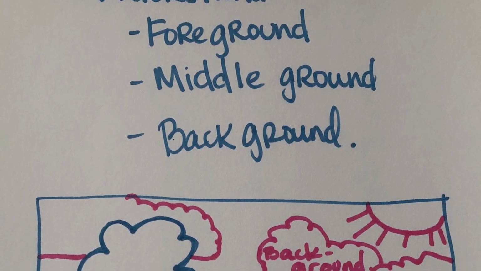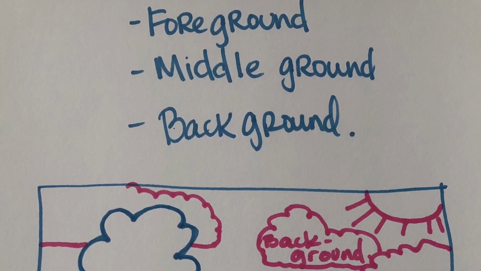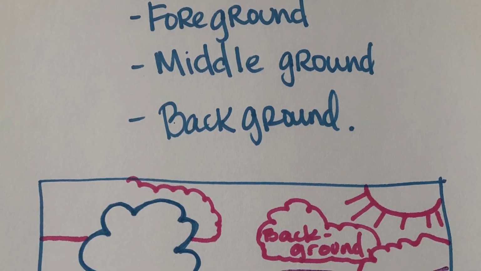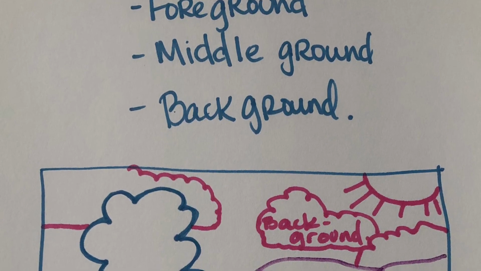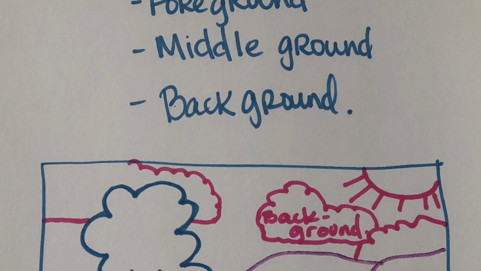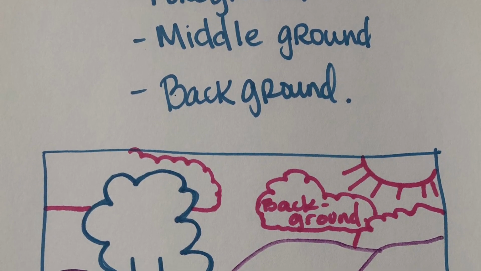Understanding how they all need to stagger in their spacing. You don't want a foreground, a middle ground, and a background that are the same size, because that is boring to the eye.